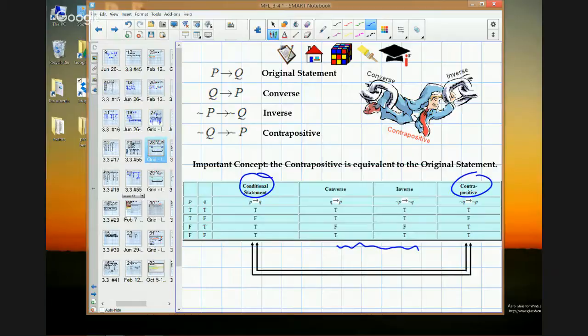So, once again, it's very important that whenever you see a contrapositive, you know that you've got the same thing as the original. Or, if I give you the original, can you find the contrapositive? Flip the two letters around and negate them both.